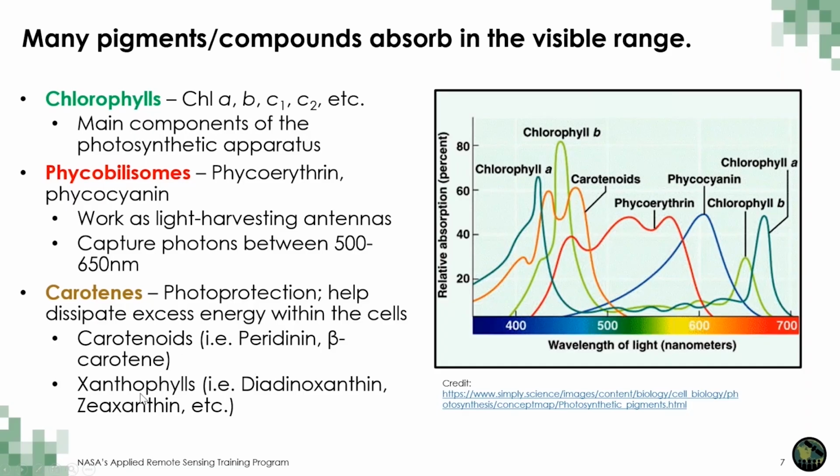And there are xanthophylls like diadinoxanthin and zeaxanthin, which also help in photoprotection. So you see here in the graph where most of these pigments typically absorb in the visible range, and this is going to be key eventually for translating this information into the hyperspectral data when it's collected by different sensors.